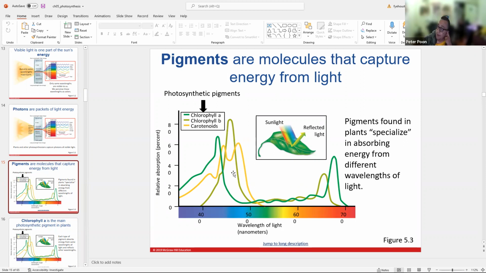The way you read this is they absorb purple and blue, and they absorb red and orange. They do not absorb green and yellow; they reflect green and yellow. If you shine green light on it, it bounces off, which is why we see plants as green.